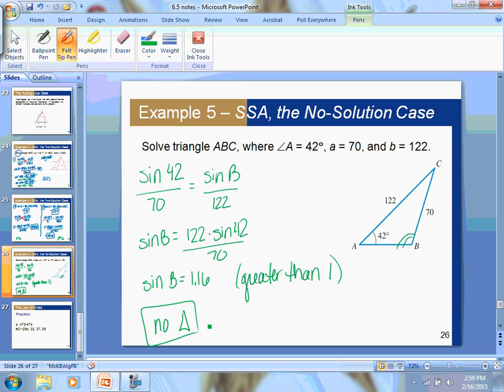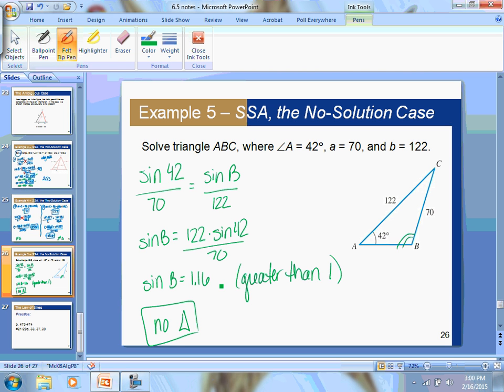Okay, so being able to identify when you're dealing with an ambiguous case really depends on two pieces of information. You have to be given a side and an angle, so that way you know you're going to be dealing with the ambiguous case. And then after you do your first part of the law of sines and you're trying to find this first angle measurement, if that value is greater than 1, you have no triangle.